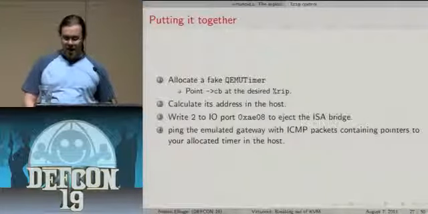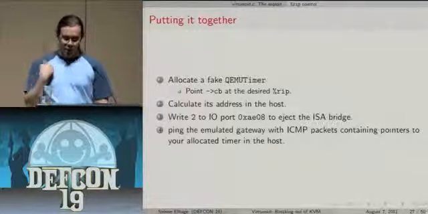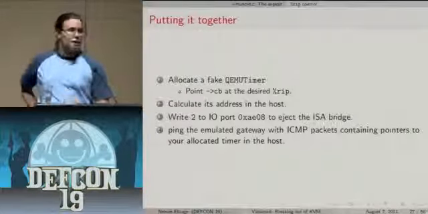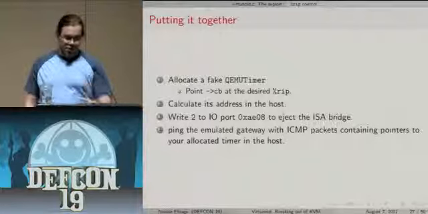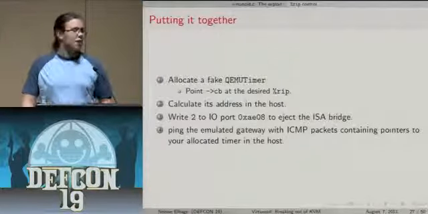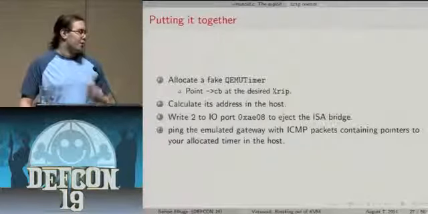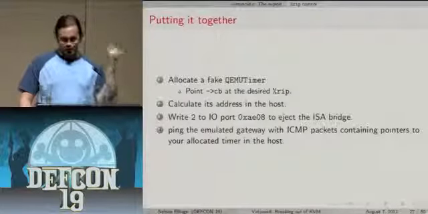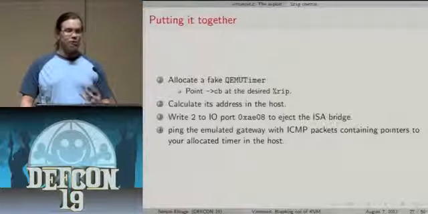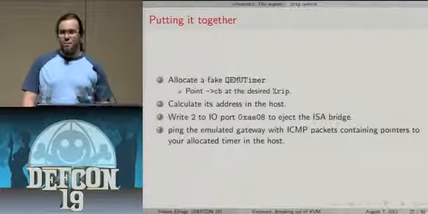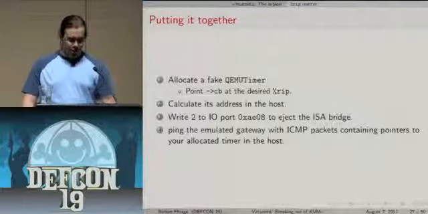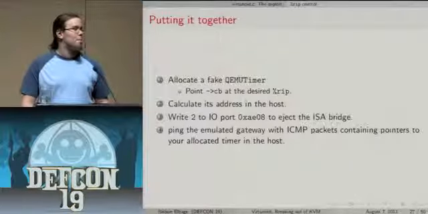We'll do that eject dance, and then we'll ping the emulated gateway as fast as we can with ICMP packets that have pointers to our fake timer in the host. And with extremely high probability, basically one of those will end up allocated into the space previously occupied by the RTC state and will win. We have the ability to get the QEMU to jump to an address we control. All right.